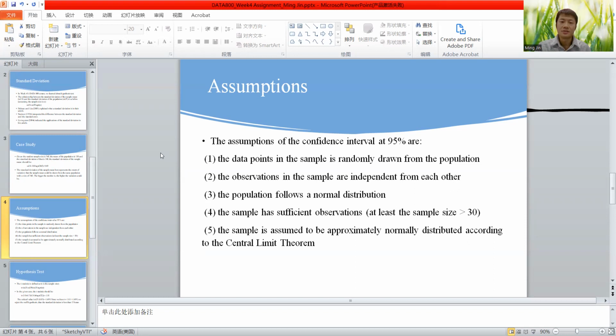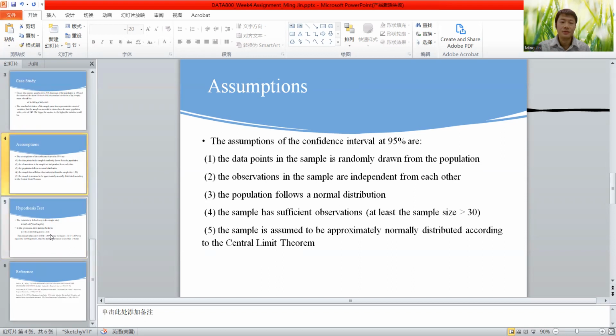The third one is the population follows a normal distribution. The fourth one is the sample has sufficient observations, which means the sample size is greater than 30. The fifth assumption is the sample is assumed to be approximately normally distributed according to the central limit theorem.